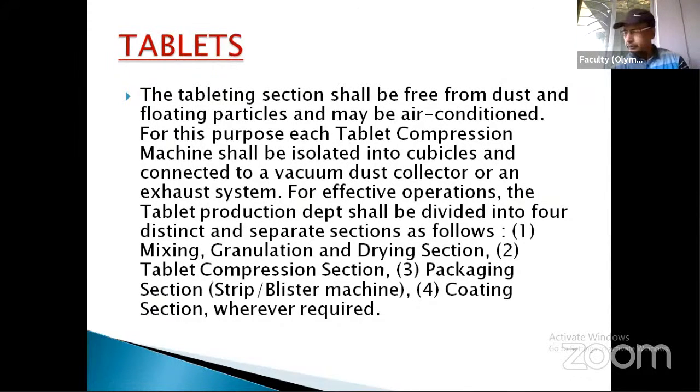Tablets, very important formulation. A lot of problems also arise whenever you prepare tablets. The tablet section, obviously it should be free from dust.